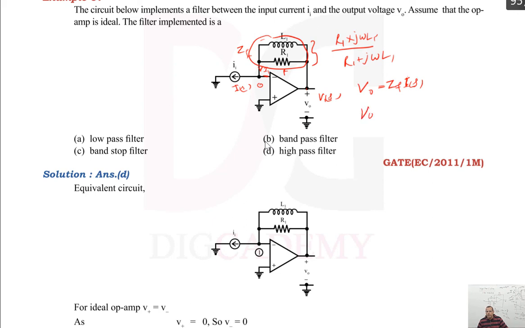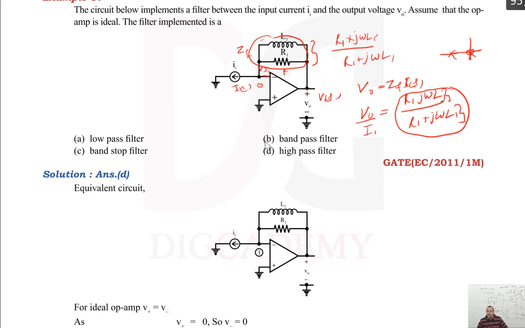So if you talk about the transfer function, that is V naught upon I in, that will be equal to this impedance, and that is nothing but R1 j omega L1 divided by R1 plus j omega L1. This is the transfer function which has one zero at origin and one pole on this side, because the denominator gives me the pole and the numerator gives me the zero.